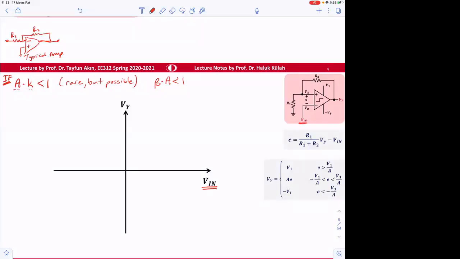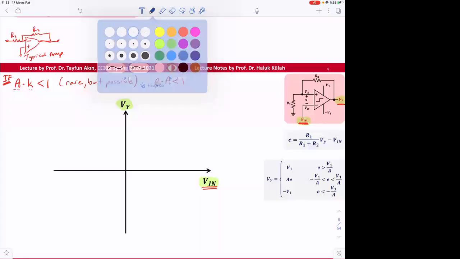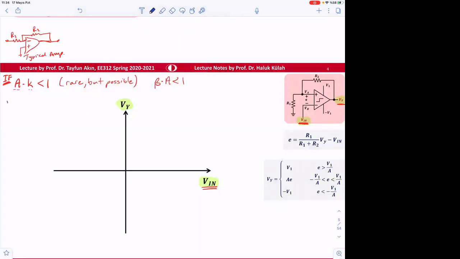Now this is Vin, and our circuit is connected like that. Now we want to obtain Vy versus Vn. We can look at this for different extreme cases. Let's say Vn goes to minus infinity.